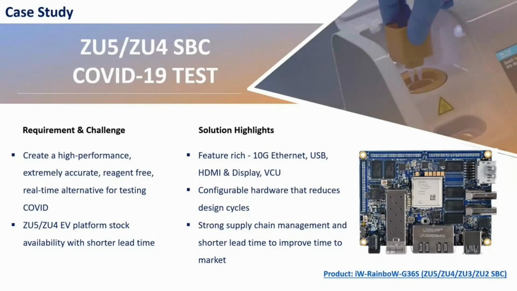Complete peripherals such as the 10G Ethernet, the USB, and the HDMI enable the customer to create a high performance, accurate, reagent-free alternative for testing COVID. And one of the key factors here was the fast supply of these modules, where iWave, in spite of the supply chain challenges, was able to support this customer through a constant supply of these single board computers as per their required timeline.